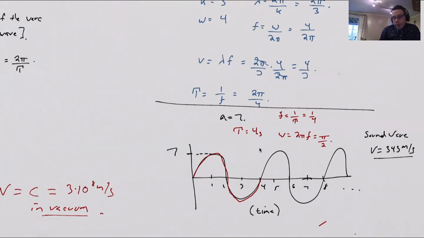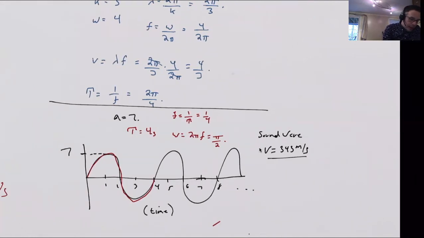If we know the frequency, 1 over 4, and we know the velocity, we also know that velocity is equal to lambda times frequency, so we can solve this for the wavelength.